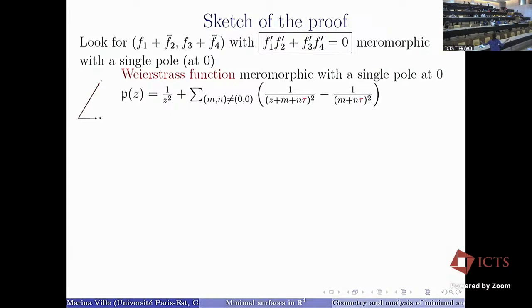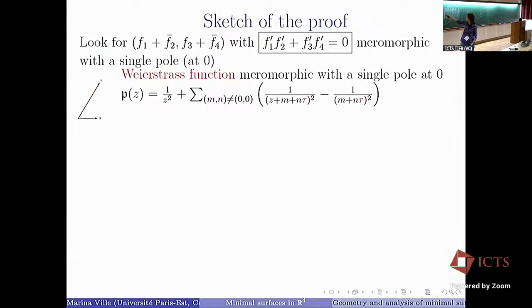We look for meromorphic functions on the torus, and the building blocks of meromorphic functions on the torus are the Weierstrass P function, as Rahul mentioned. It is doubly periodic on C, and P and P prime are the building blocks. All meromorphic functions on the torus are built from P and P prime.